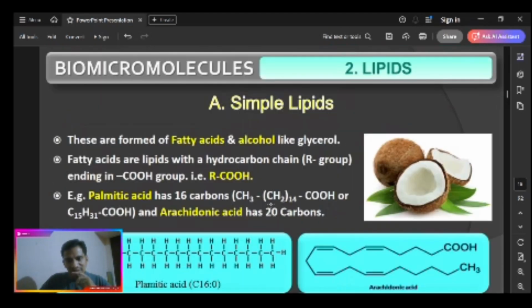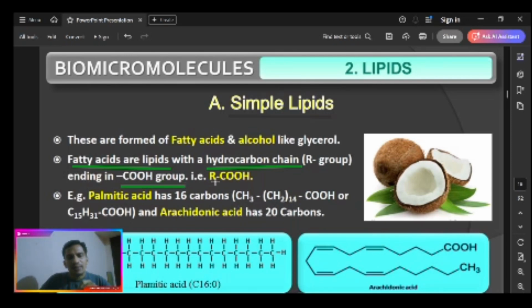First, you're going to learn about what the simple lipids are. See simple lipids, the name itself says simple, right? Fatty acids are lipids with a hydrocarbon chain, that's the R group, ending in a carboxyl group.